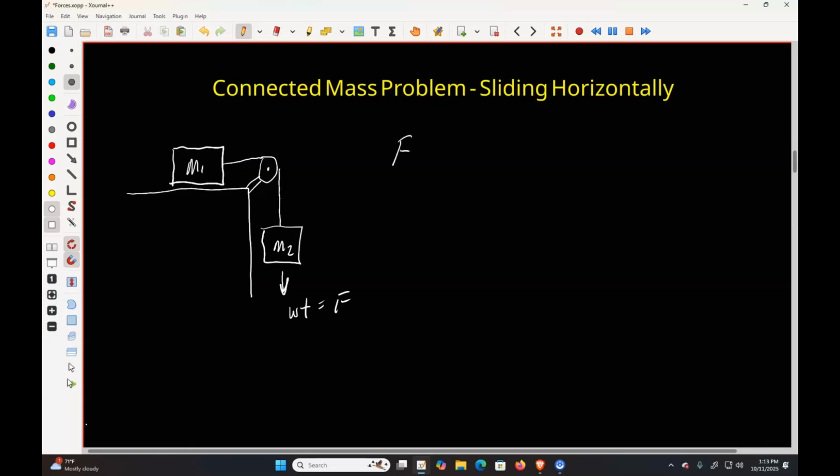If we say that force equals mass times acceleration, the force will be the weight of m2. Both masses must accelerate, so it'll be mass 1 plus mass 2 times the rate of acceleration.